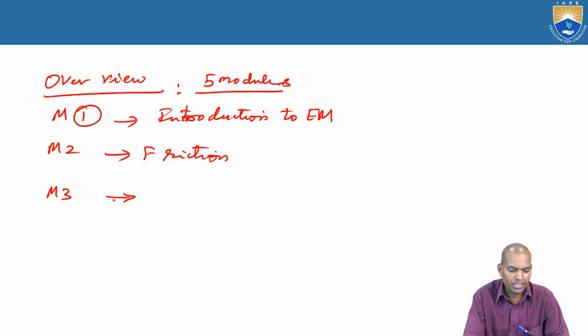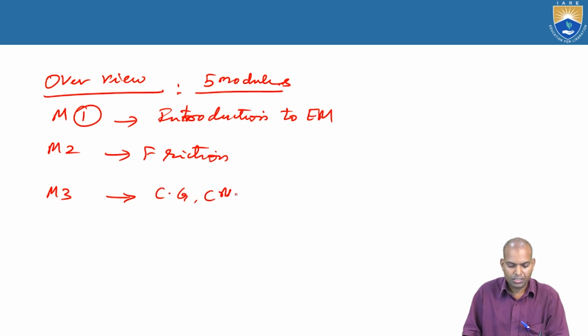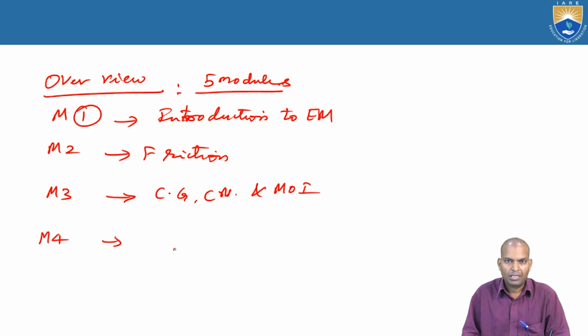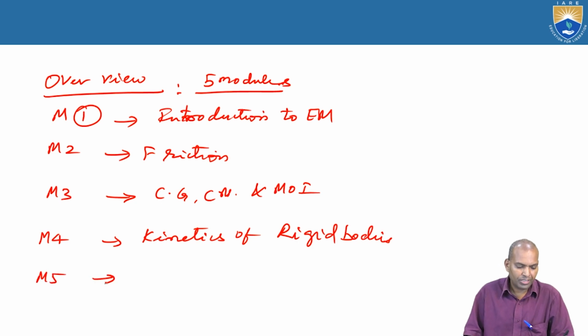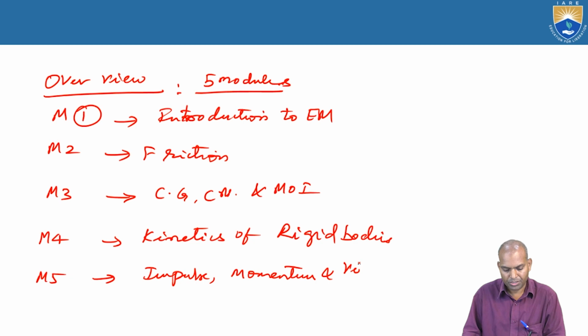Module 3 is related to the center of gravity, center of mass, and moment of inertia. Module 4 is related to dynamic equilibrium, that is kinetics of rigid bodies. And module 5 is related to impulse, momentum, and vibrations.